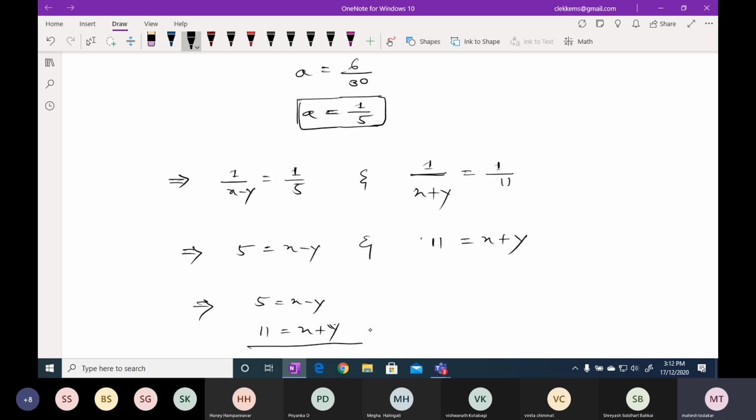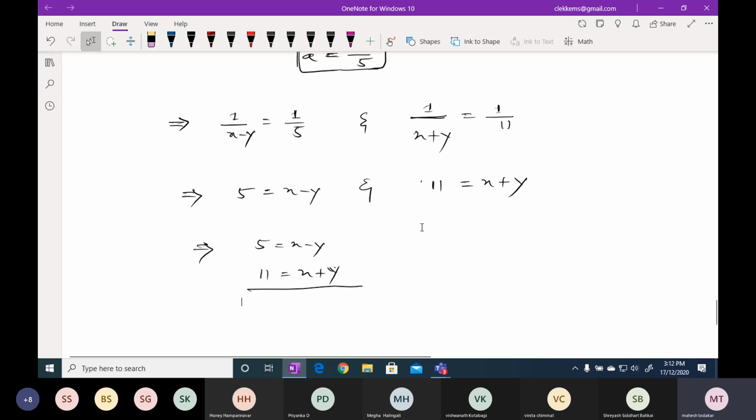So by the elimination, y minus y and plus y get cancelled here. So you will get here 2x is equal to 16. Now x is equal to how much then? 8. X is equal to 8.